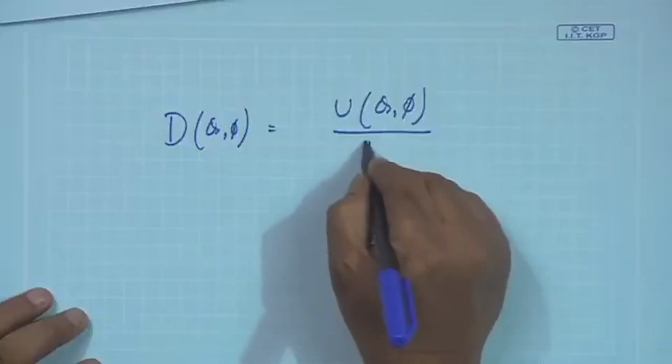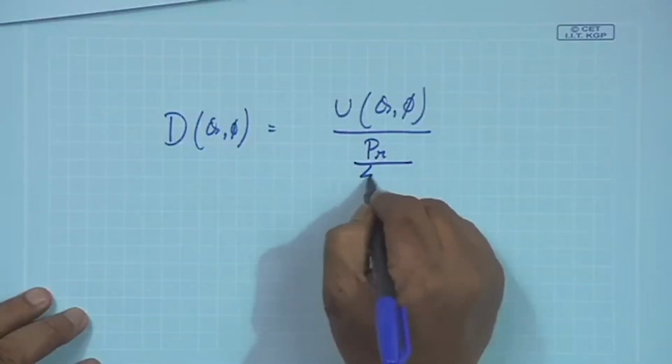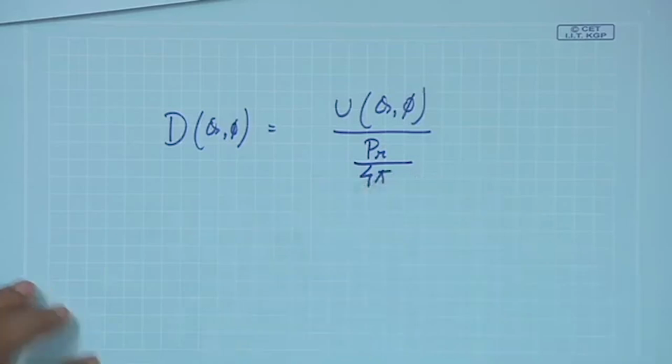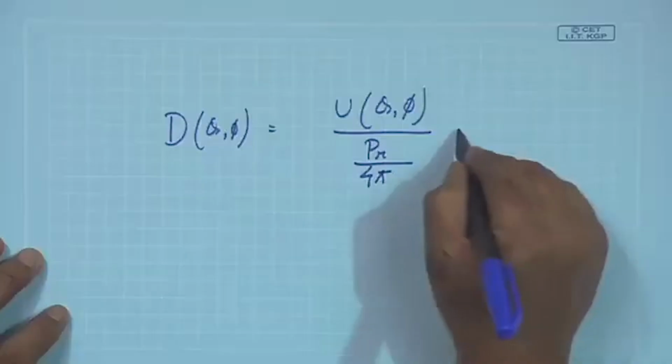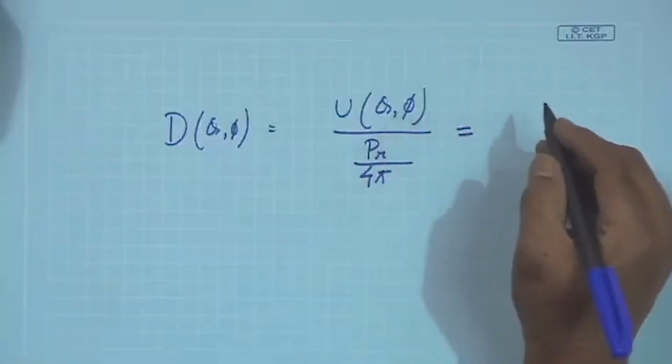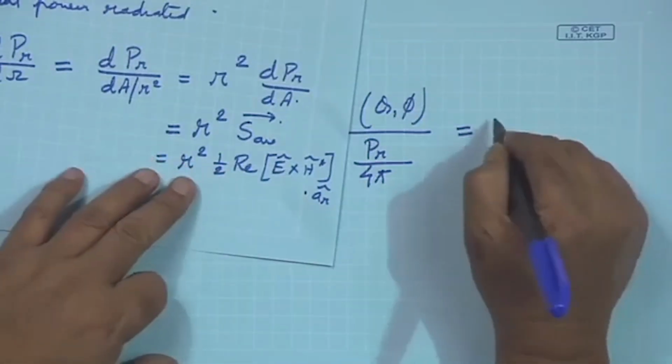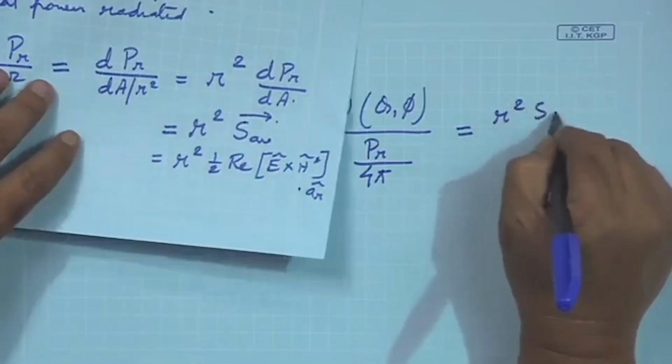Now, any antenna which equally radiates means equally in 4 pi angle, solid angle, how much power it radiates, that is simply PR by 4 pi, because total solid angle is 4 pi. So, if anything radiates equally in here, this will be this. So, already we have seen that u theta phi is r square S average.